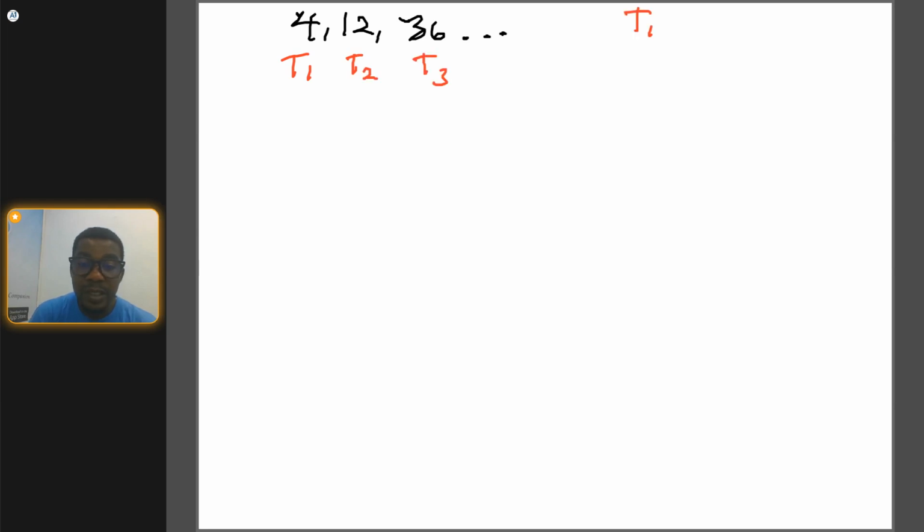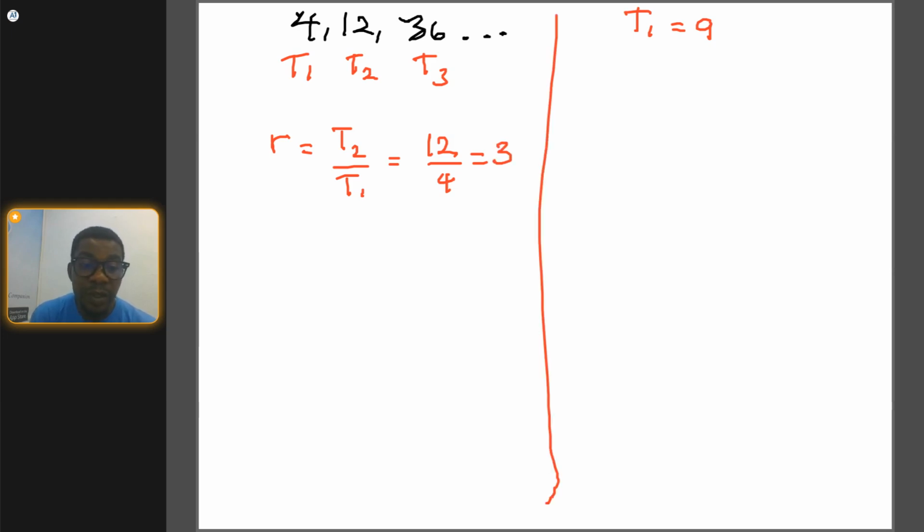Take note that T1 is the same thing as A. Here we have to get the ratio, which is T2 over T1. T2 is 12, T1 is 4. That means the ratio is 3. So we can solve the question using this ratio. The seventh term that we are asked to find, T7, is expressed as T7 equals A R to the power n minus 1.